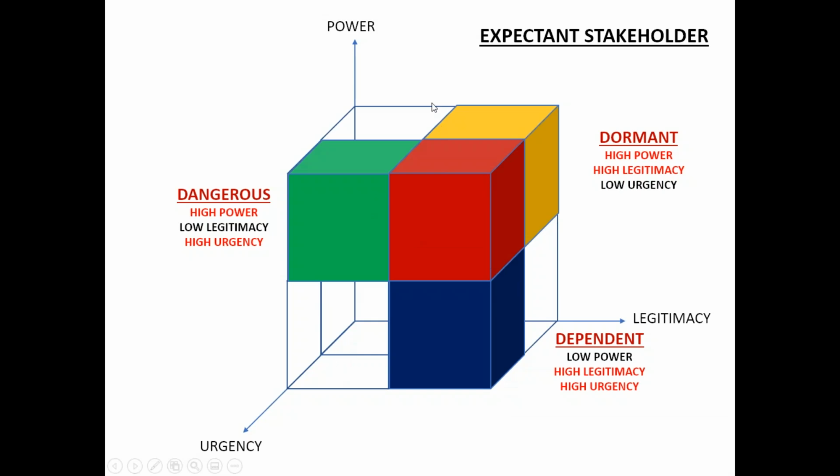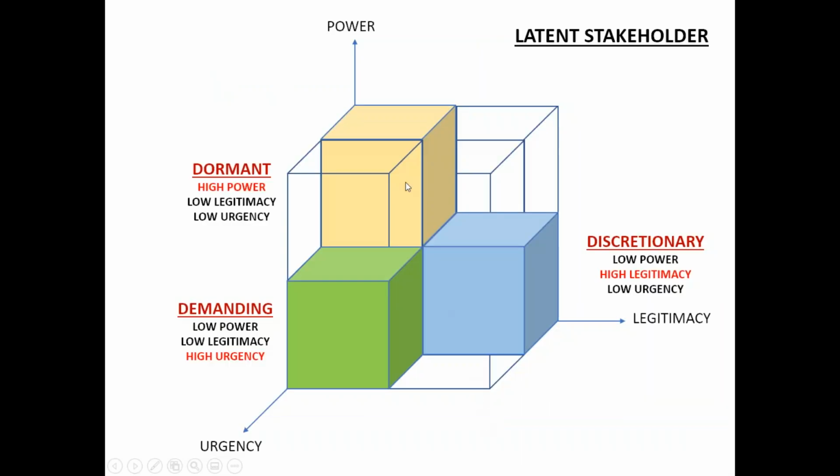We are left with 1, 2, 3, and 4, right? And 4 we have covered. There were a total of 8 cubes. Now let us go to those 4 cubes. This cube, the light yellow one, is high on power, low on legitimacy, and low on urgency.